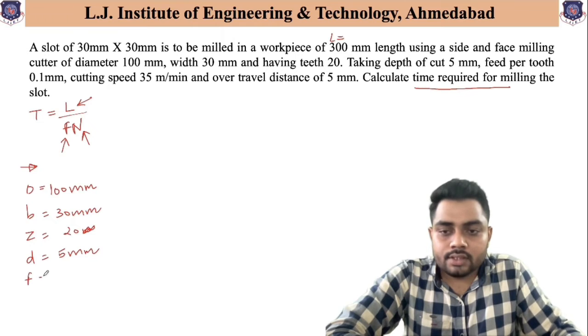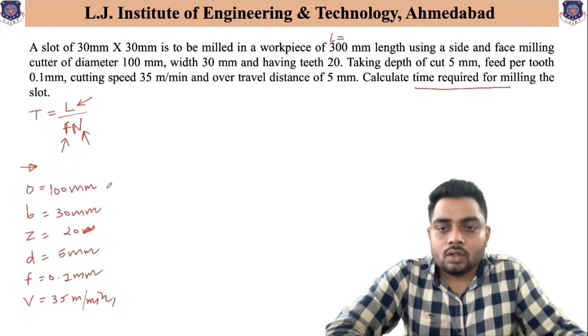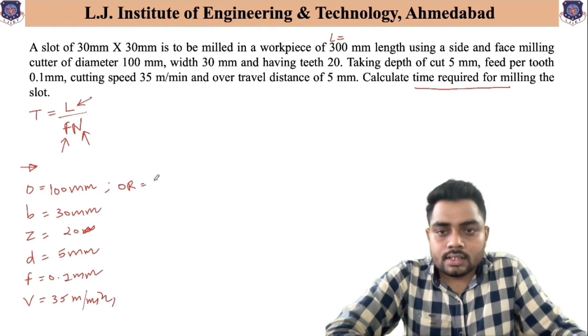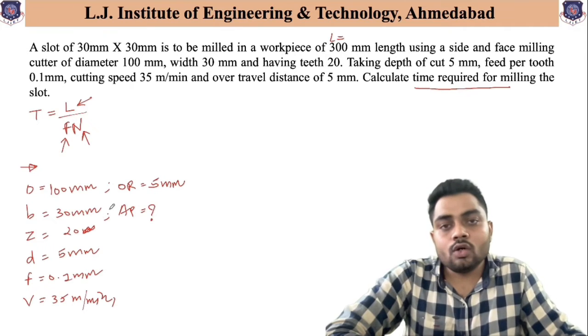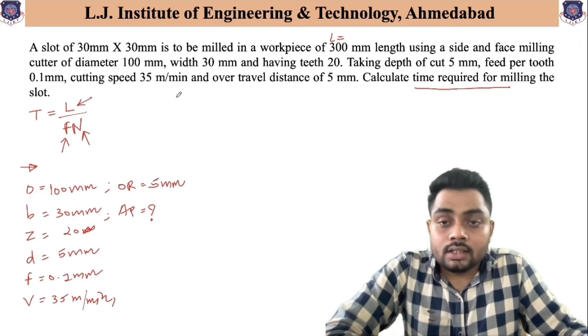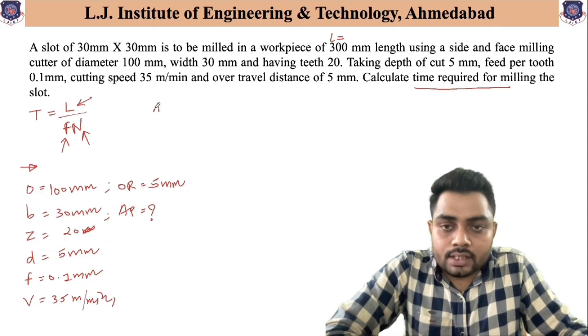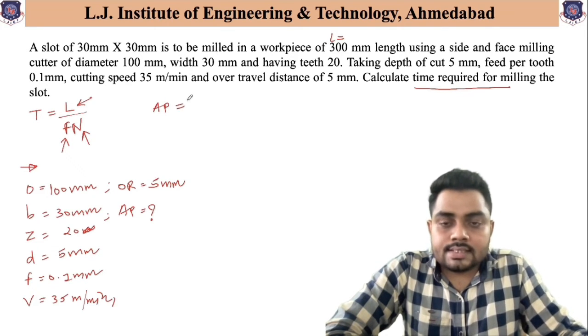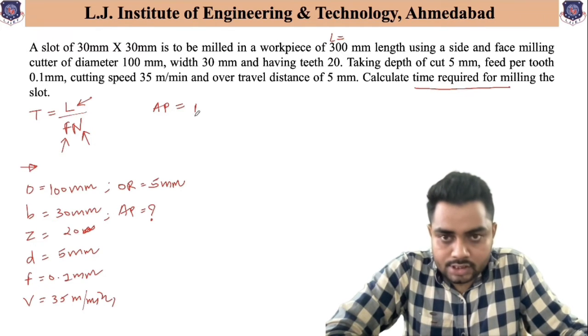The feed is 0.1 mm, the cutting speed is 35 meter per minute, and the over travel distance is 5 mm. The approach distance is not given, so we need to find it to get the overall distance traveled by the cutter.